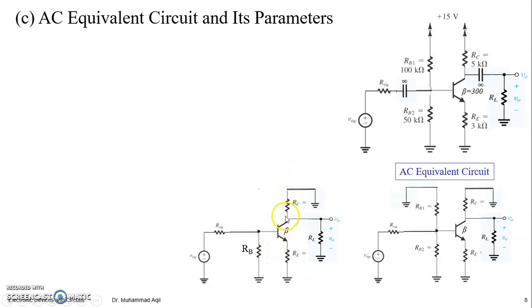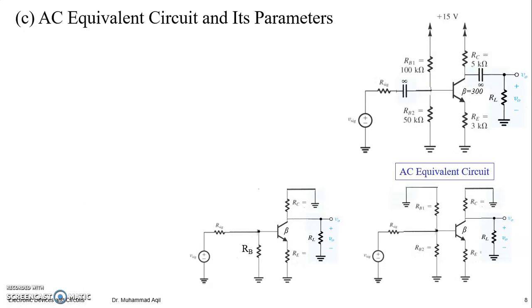Now we can replace this transistor by its small signal model for further analysis to find the AC parameters easily. Here, since the emitter is not directly grounded, it would be better to use the T model instead of the pi model.